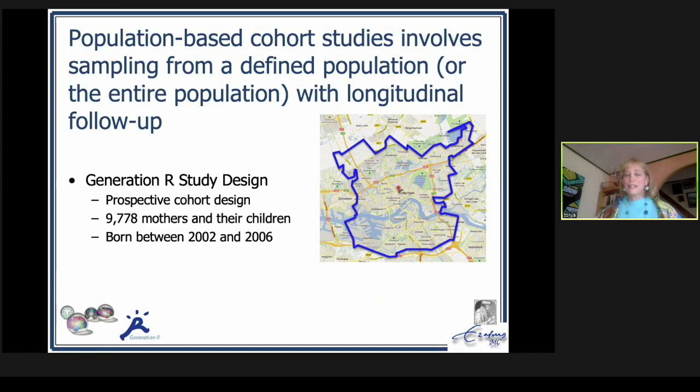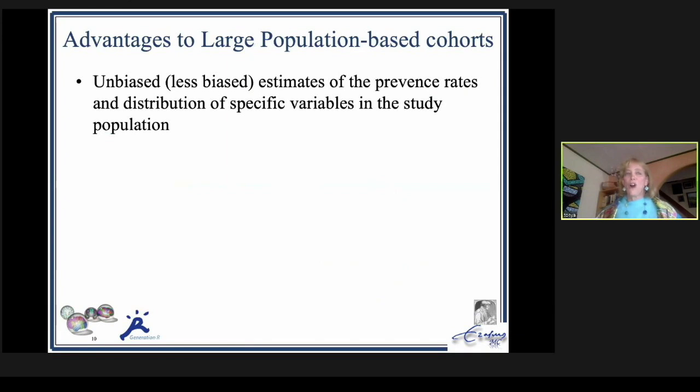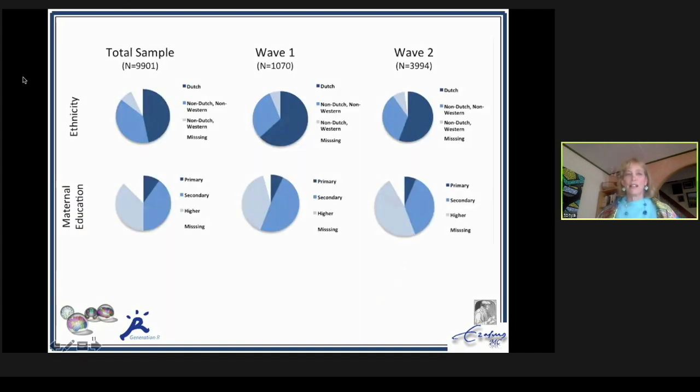So given this example, and this is one of many large population-based cohorts, there are advantages to these large population-based cohorts, because you're drawing from a broader population. You can better estimate the prevalence rates and distribution of specific variables in the study. So when we look at, for example, the Generation R study and you look at ethnicity, the total sample was close to 10,000.